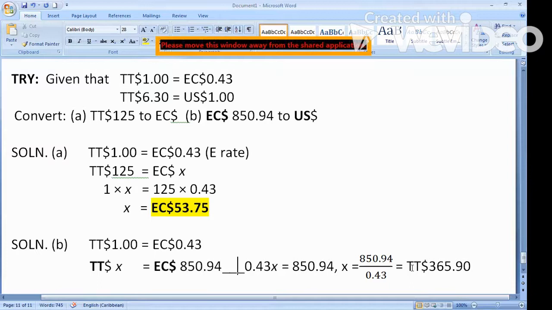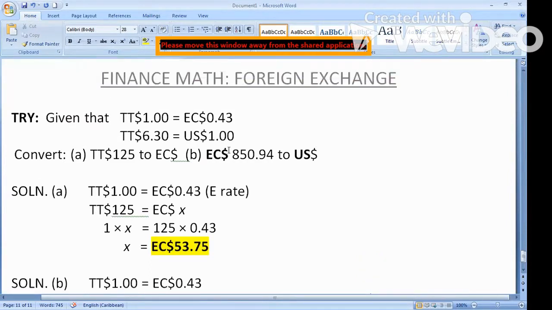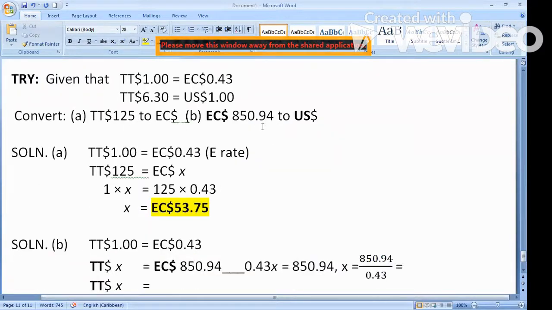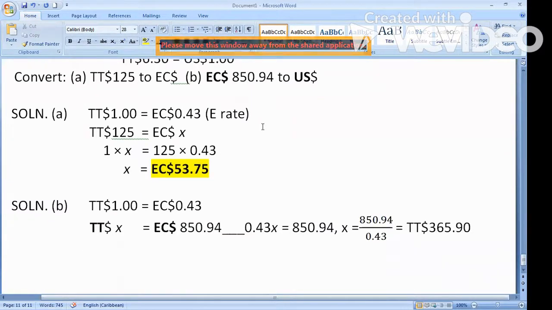All right. So what we did was to convert 850 EC to TT. TT X equals 850.94 EC dollars. Then you have 0.43x equal to 850.94. I don't get that part, sir.